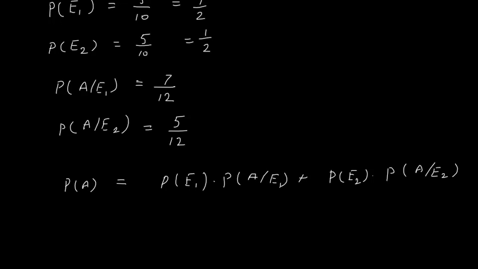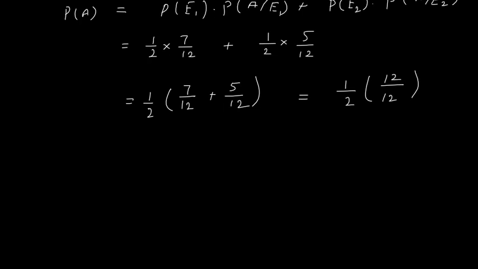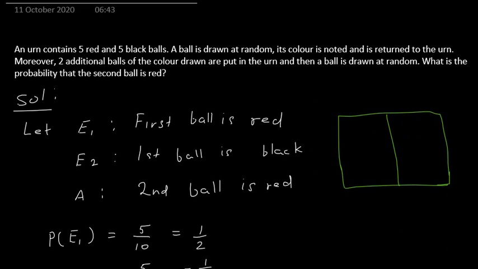So, probability of E1 is 1 by 2 into probability of A given E1 is 7 upon 12, plus 1 by 2 into 5 divided by 12. So, this 1 by 2 we can take common. Here inside the bracket we have 7 divided by 12 plus 5 divided by 12. This gives us the answer as 1 divided by 2 into 7 plus 5, 12 upon 12, is equal to 1 divided by 2. So, this is the probability of A, that is probability of getting the second ball red.